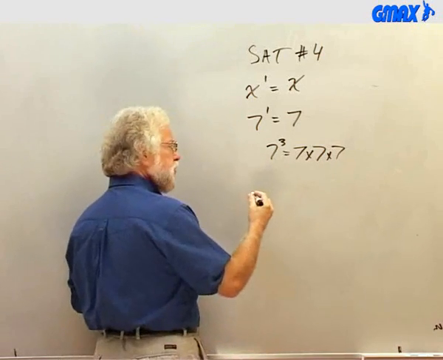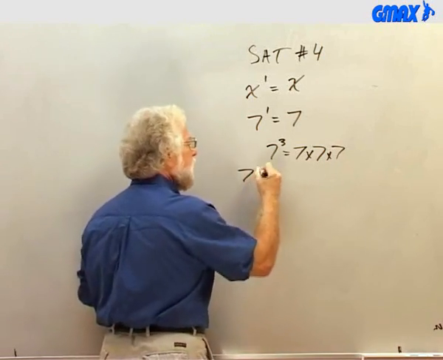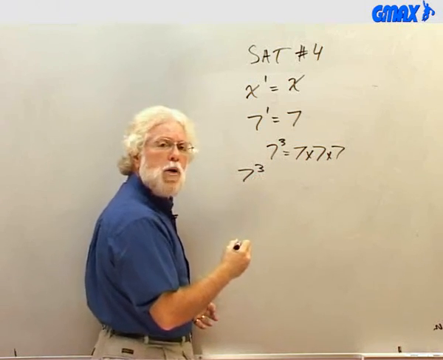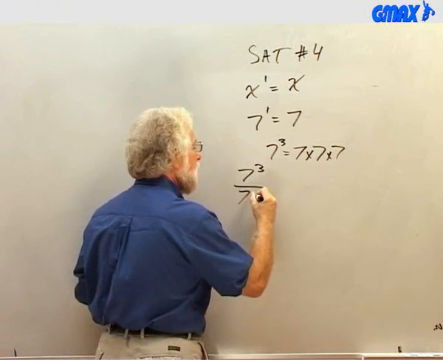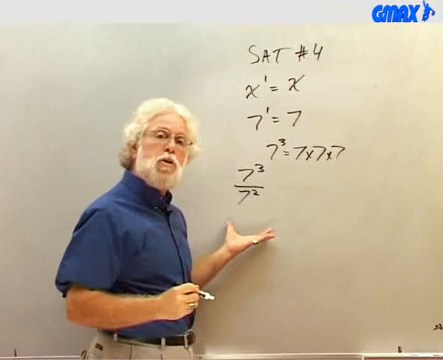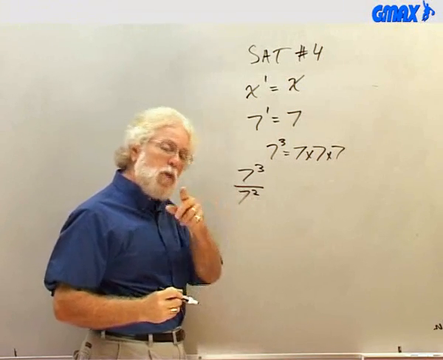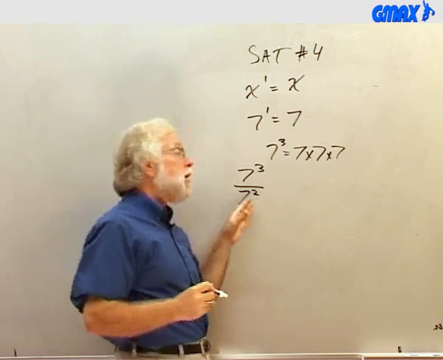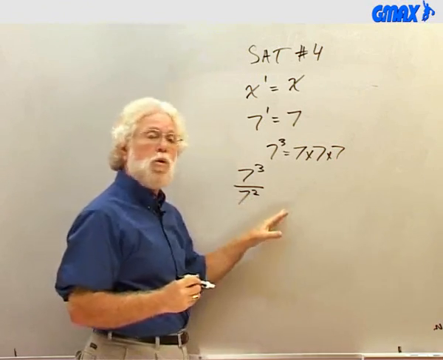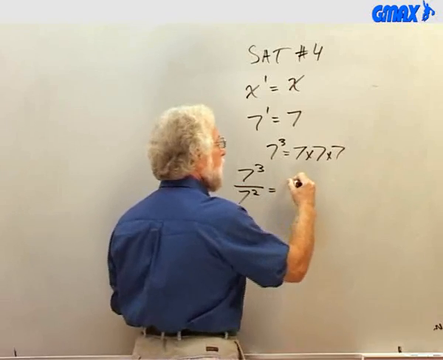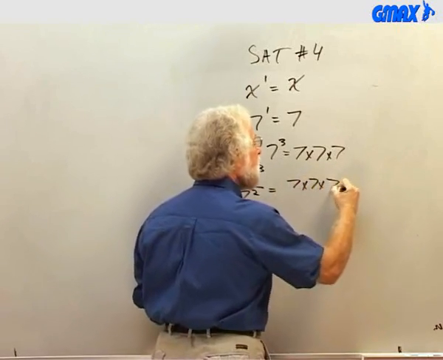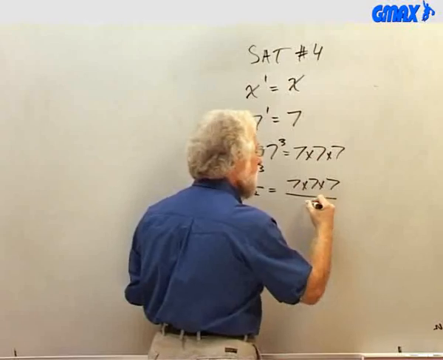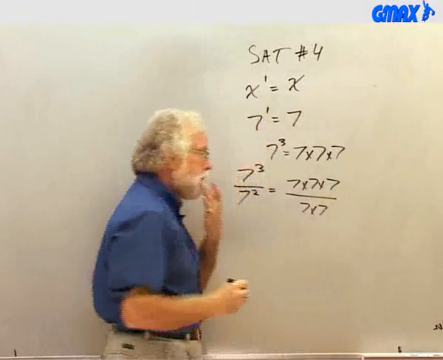Say we had 7 to the power 3 divided by 7 to the power 2. Now you may remember the rules of exponents for this, but how would we do it if we expanded this? What would it be? 7 times 7 times 7 divided by 7 times 7.